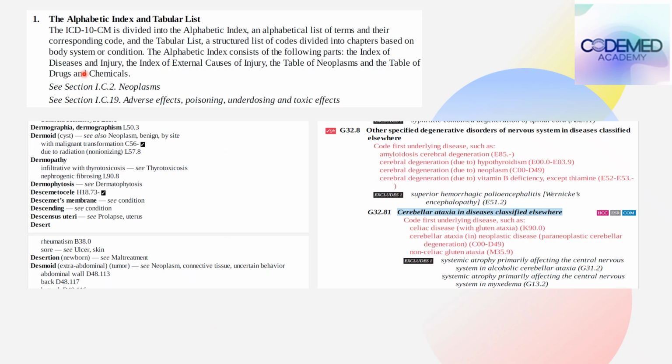We begin with the first convention, which gives an idea about the alphabetical index, various parts of the alphabetical index, and the tabular list. And pretty much we have covered that in our previous lecture.